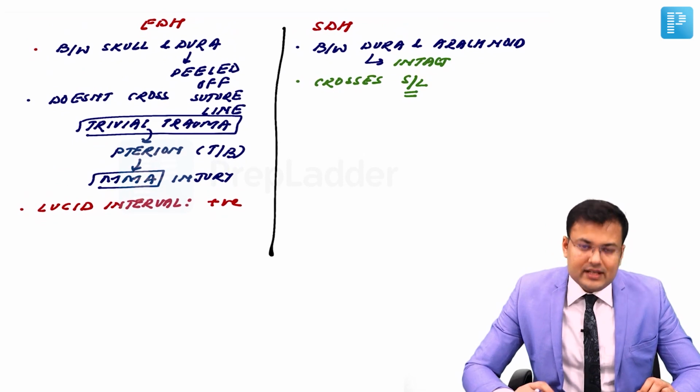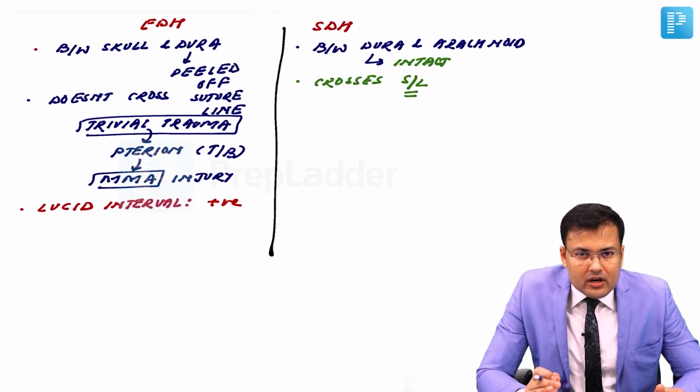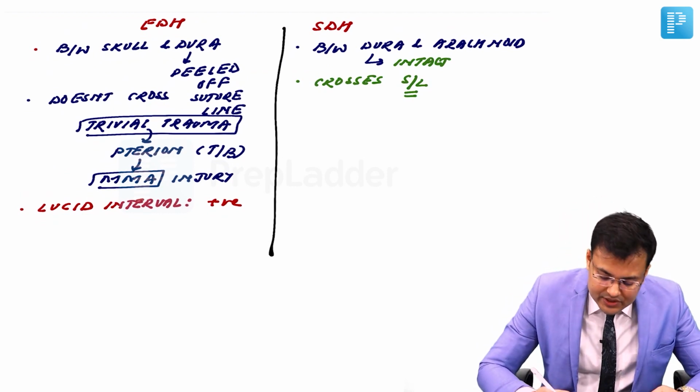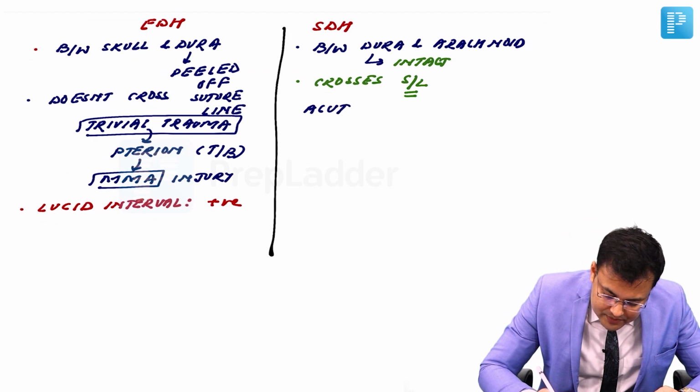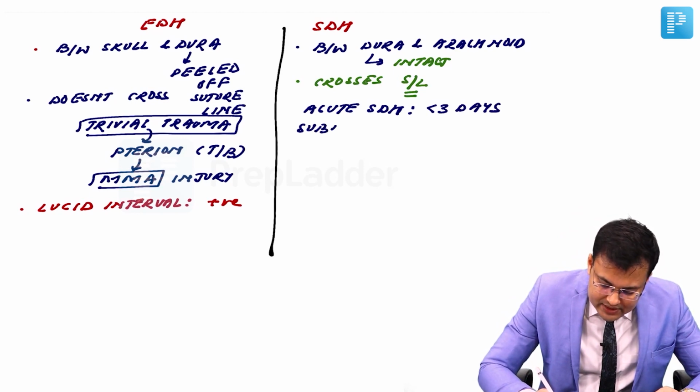Now see the STH. Further definitions are asked: what is acute STH, what is subacute STH, and what is chronic STH. So see the definition. Acute STH, whenever the duration is less than 3 days. What is subacute STH?